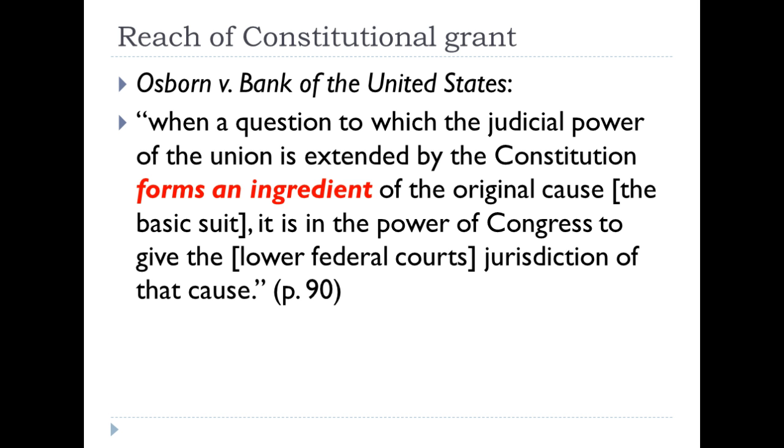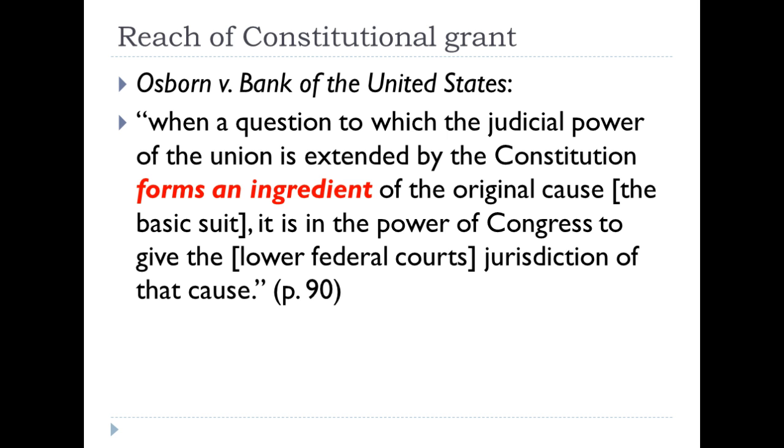The test there was when a question to which the judicial power of the Union, in other words the United States, is extended by the Constitution, forms an ingredient of the original cause, it is in the power of Congress to give the lower federal courts jurisdiction of that cause.